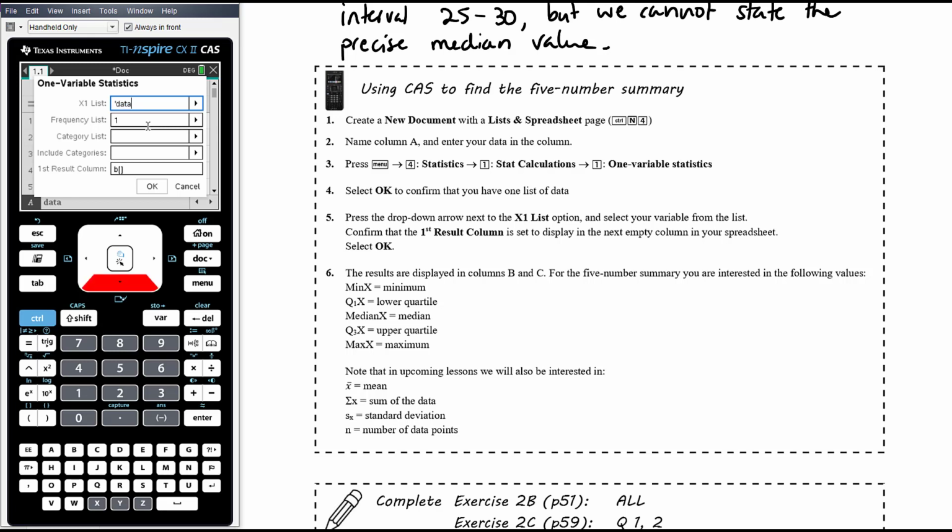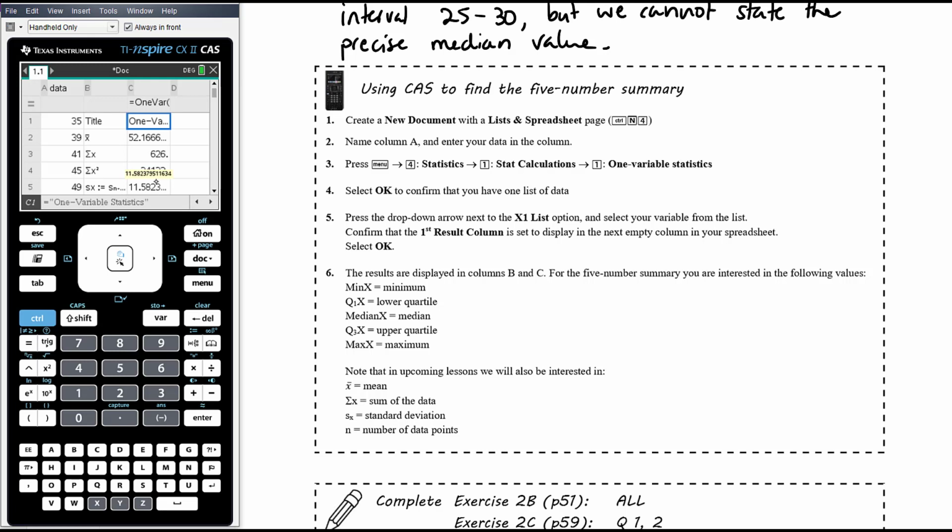But I just think it's a really good habit for things down the track to name your data columns. Okay, we don't need to do anything else here except choose where our data is. You can edit where it will put the results. This is telling me it's going to put the results in column B. If I wanted them to go into a different column, I can change that, but if not, no problem. Okay, so here is our one variable statistics, and we've got more than we need here. The first row, x bar, is the mean.